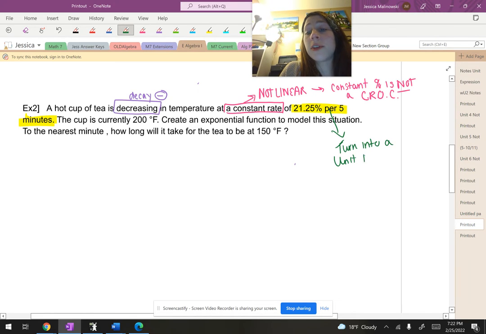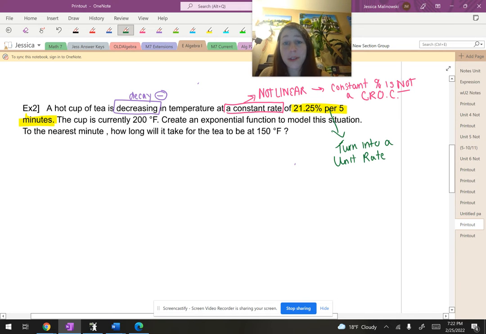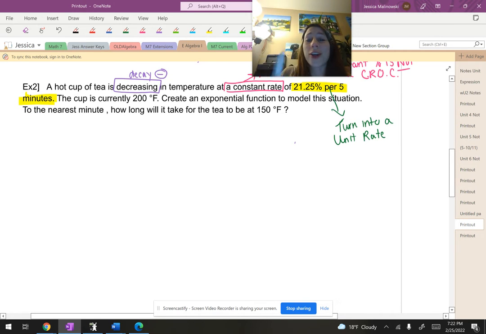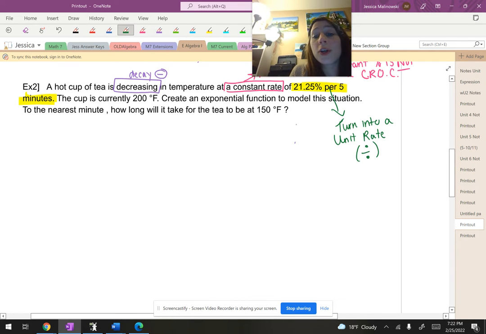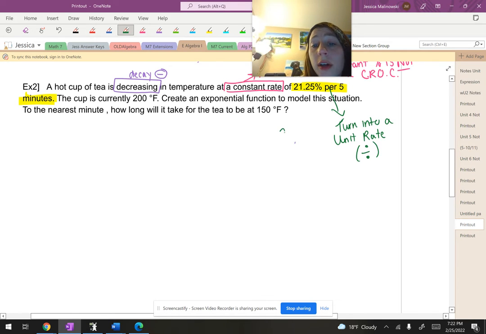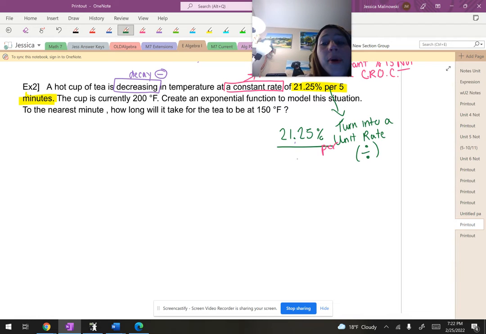If you don't remember how to find a unit rate, I did this with my 7th graders not too long ago, so it's fresh in the brain. You use division to find a unit rate, that how many what per what. We have 21.25% per 5 minutes, and the fraction bar is like that word per.